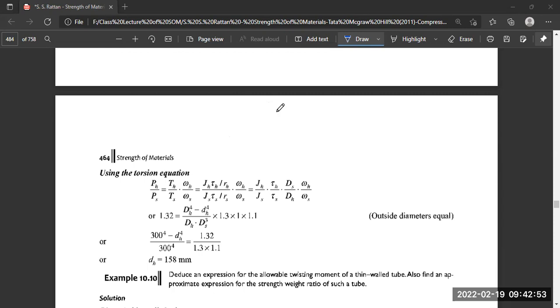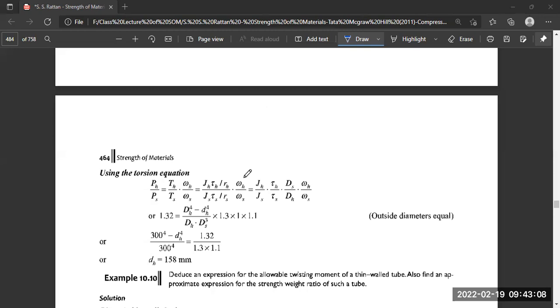Here we don't know the torque. The transmitted torque is different for the alloy steel hollow shaft and the mild steel solid shaft, so it is T_H for the hollow shaft and T_S for the solid shaft.